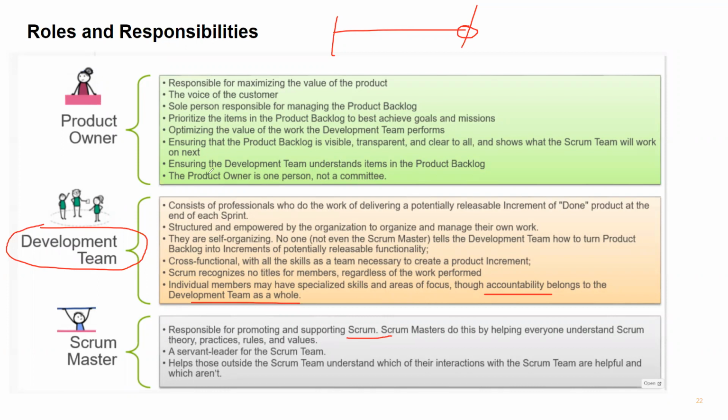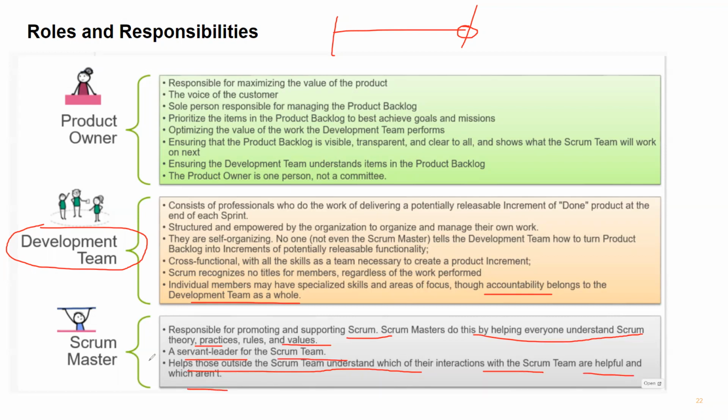He helps everybody understand the Scrum theory, principles, rules, and values. He is the servant leader inside a Scrum team. He helps those outside the Scrum team understand which of their interactions with the Scrum team are helpful and which aren't.